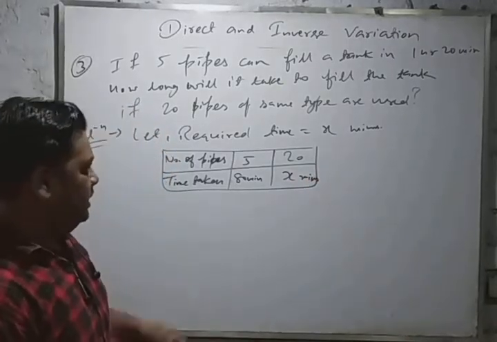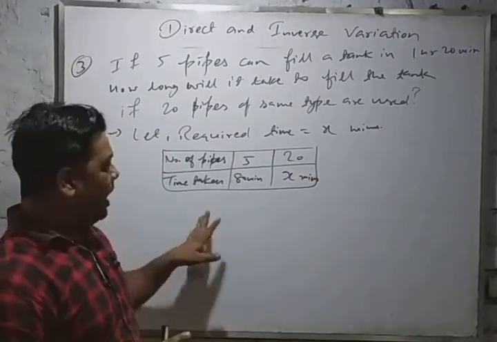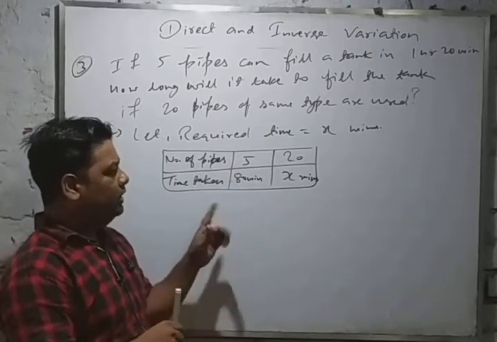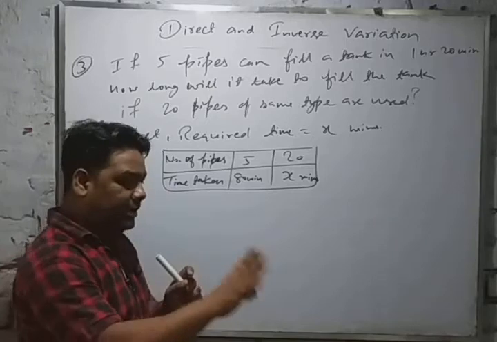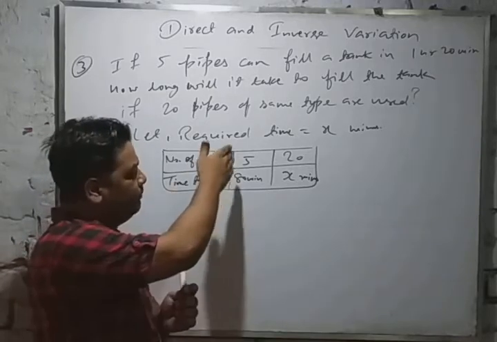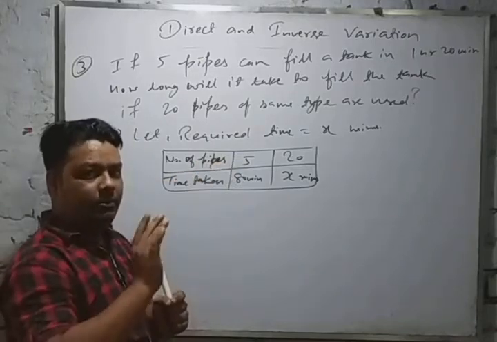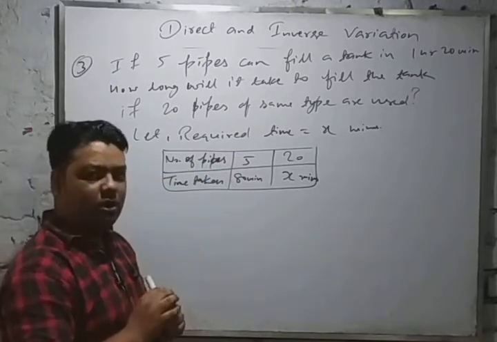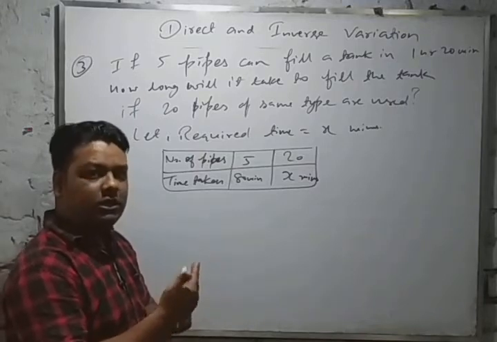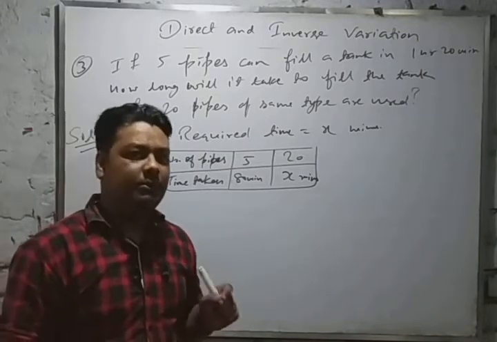Now here you can see, if there are only 5 pipes, it takes 80 minutes to fill the tank. But if the number of pipes increases, work efficiency is more, so it takes less time. That is opposite. It means it is inversely proportional.